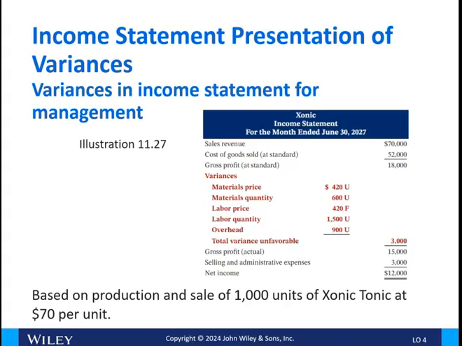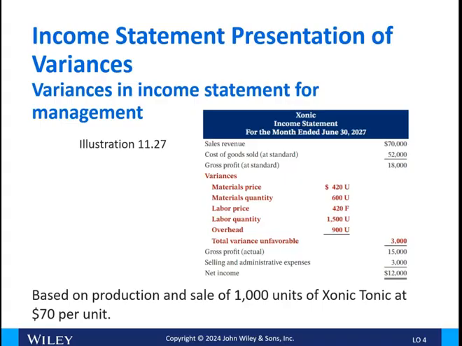We then take all of our variances. We had materials price, materials quantity, labor price, labor quantity, and overhead. And if we sum those up, we get a total unfavorable variance of $3,000. So just be careful as you're adding these up. We have 4 that are unfavorable and 1 that's favorable.